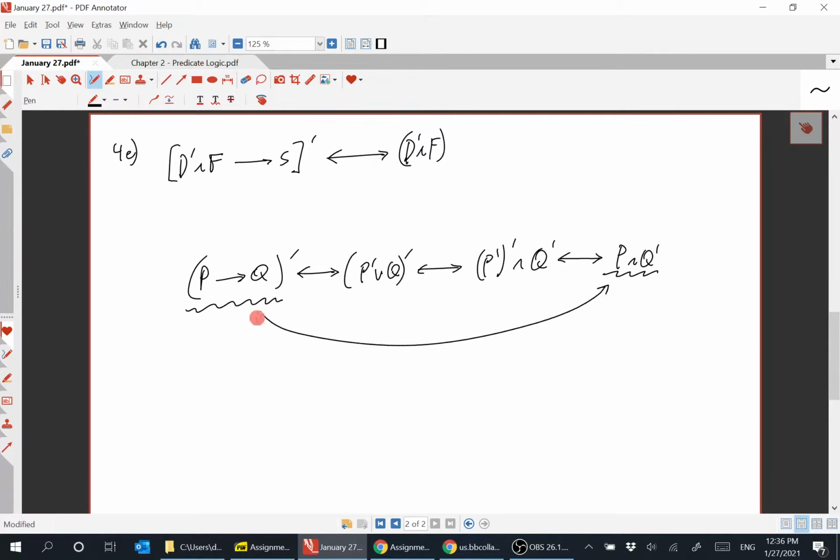Hypothesis, conjunction, conclusion negated. So what do I have here? Not D and F or... Q. Or I'm sorry, S. Yeah. Well, what's the connector? Or and. And. Yeah.